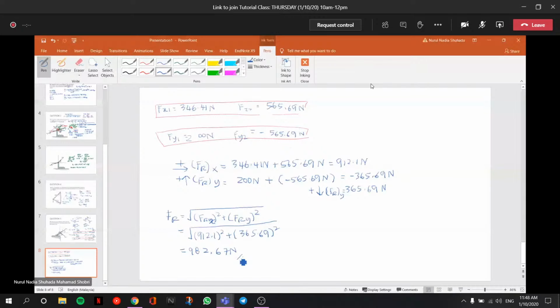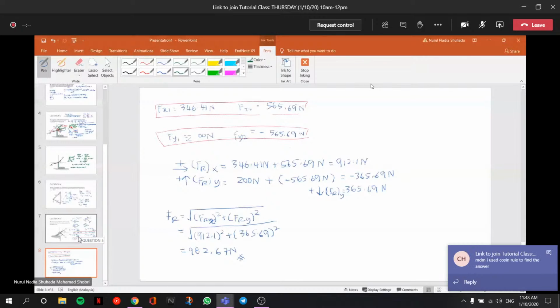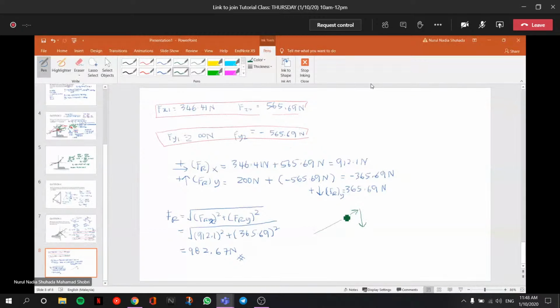So that is the magnitude. Now we are looking for the direction.